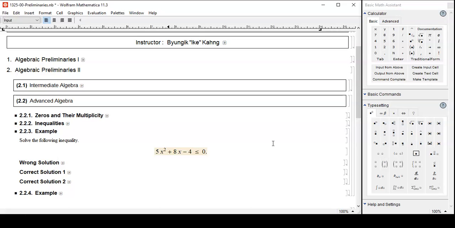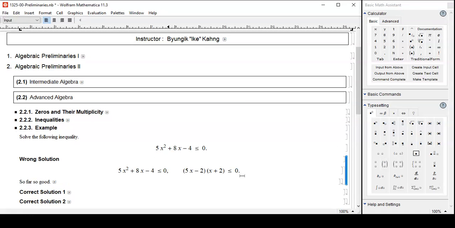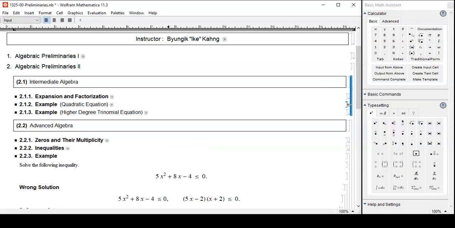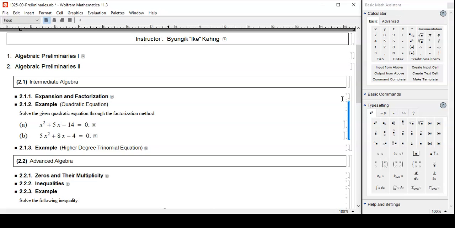And here is an example of a very, very simple inequality, as a matter of fact. It's a quadratic inequality. So how do we work it out? I see this kind of answer a lot. Factor it, and this is the very same expression that I introduced before.